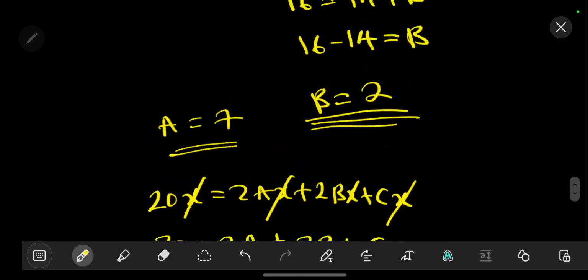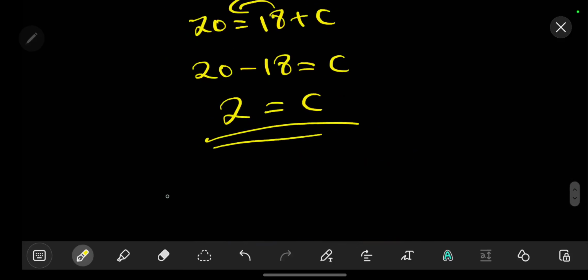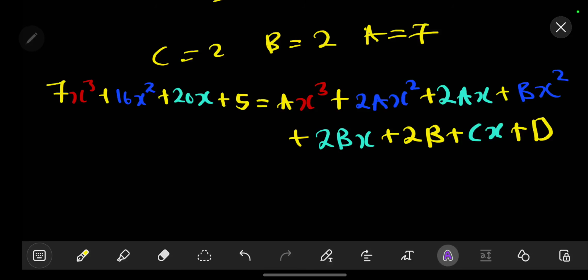So we have found our c is equal to 2, our b is equal to 2, our a is equal to 7. Let's find d. So for our 5, it is going to be equal to all the terms without x. These terms are this one and this one only according to this. So our 5 should be equal to 2b plus d.